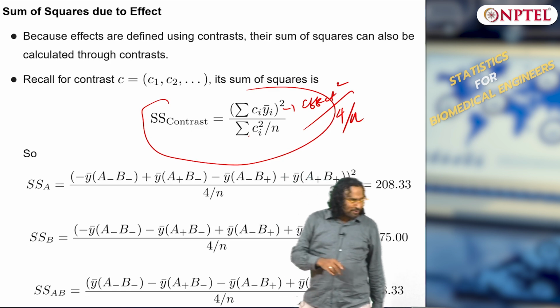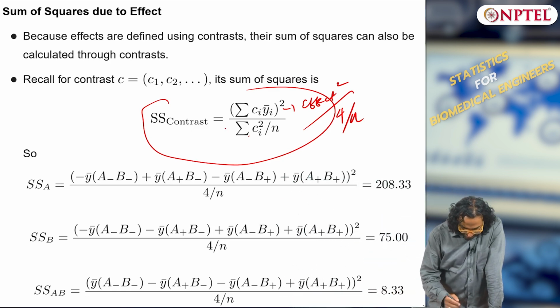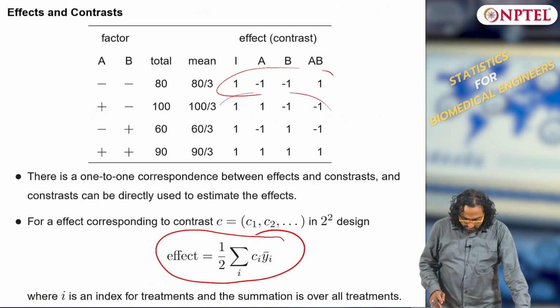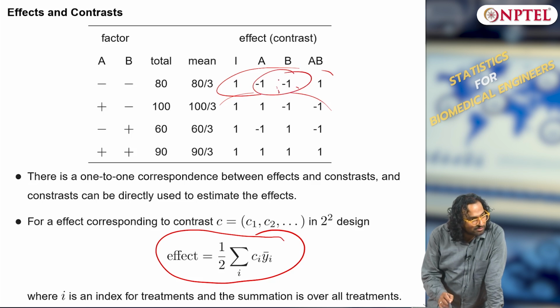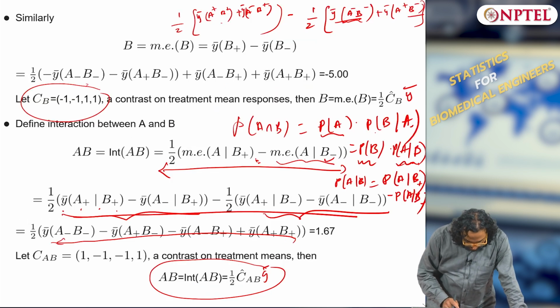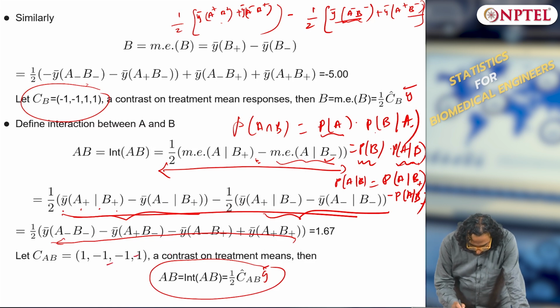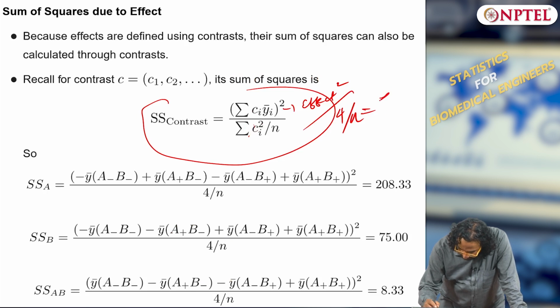So everything falls in place the moment you define the contrast. Okay. In fact this should be k squared by n, yeah, it should be k square. Even if you sum up Ci you will get the same, because anywhere you sum up it will be only 2. Okay. So sum up ki Ci, so if you look at this equation, 1 minus 1 minus 1 1, so this is k squared, obviously this is k squared by n.